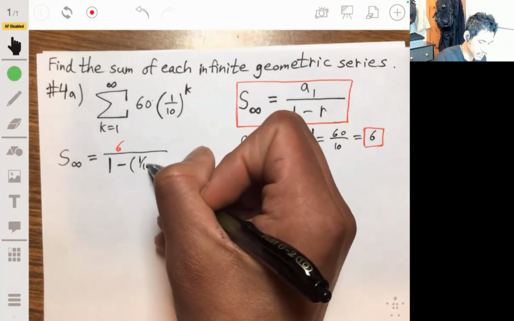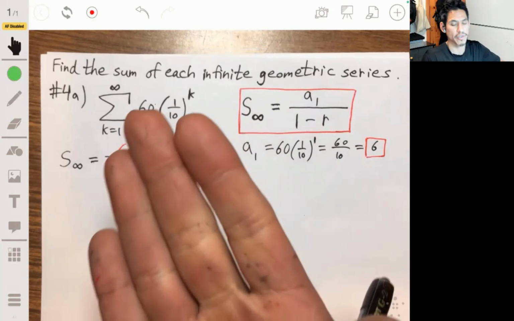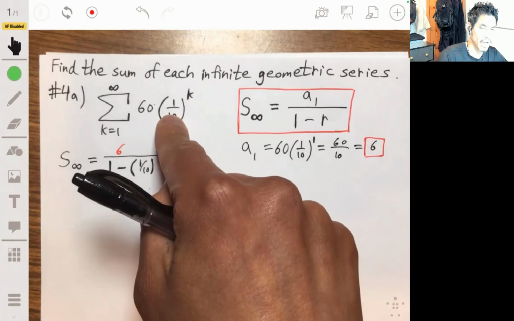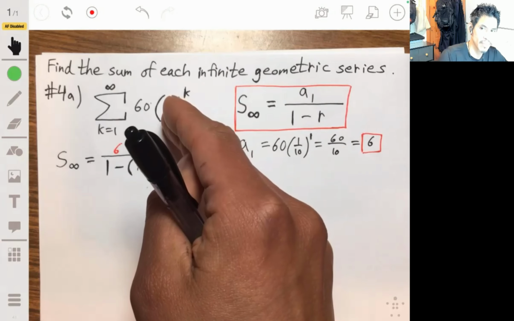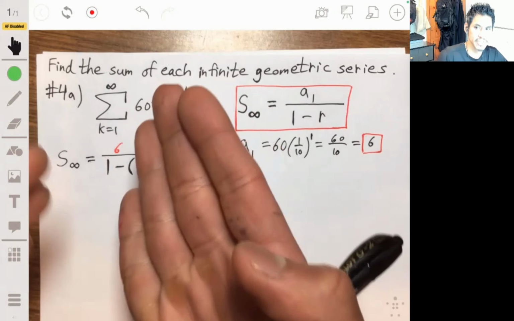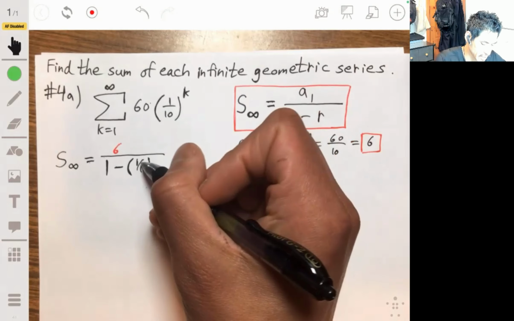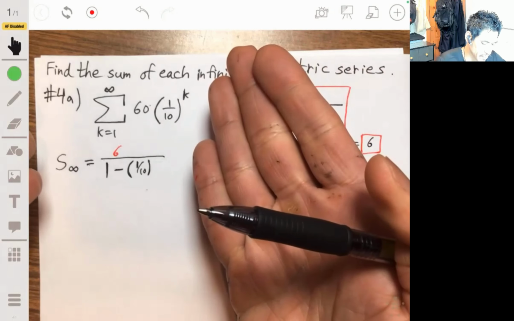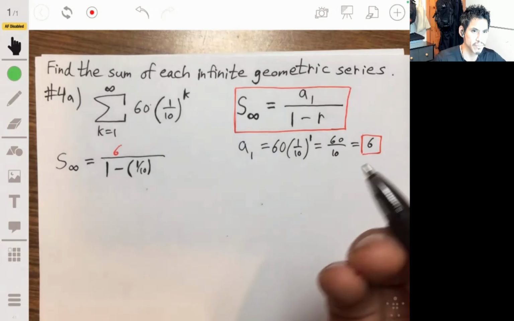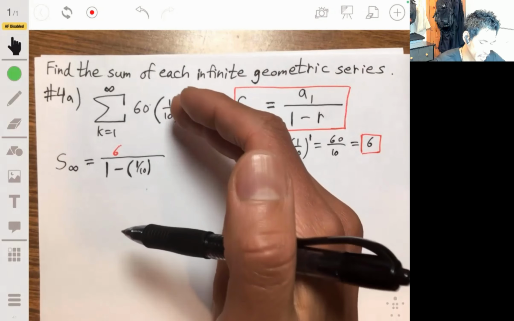Because remember, the common ratio is going to be the value that you're multiplying repeatedly, or the base that's being raised to a power. Usually it'll be in parentheses when you have geometric series, but don't expect it to always be in parentheses, because some may disguise it in a different way, but it's the same principle.